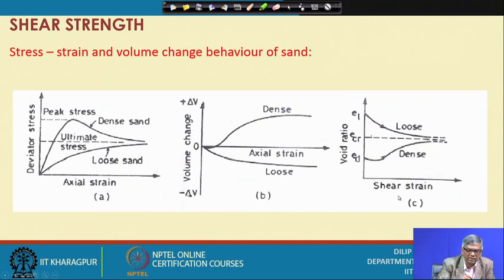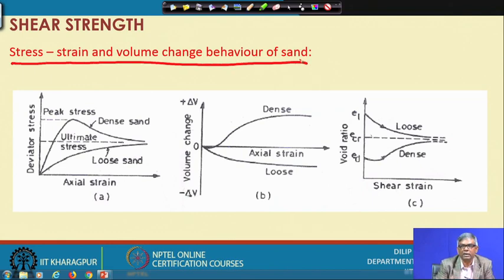Similarly, for the stress-strain and volume change behavior of sand, what we have discussed for clay, normally consolidated and over consolidated, different clays behave differently, as we have seen. For sand also, like clay, we divide it into two groups, but here sand is classified as dense and loose.